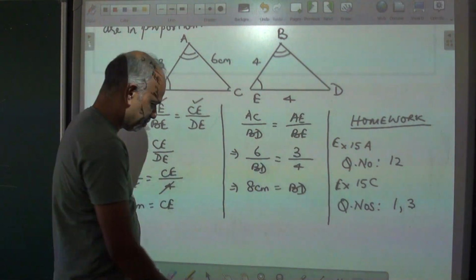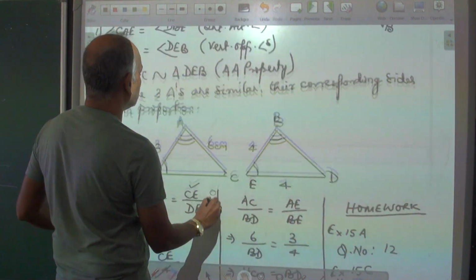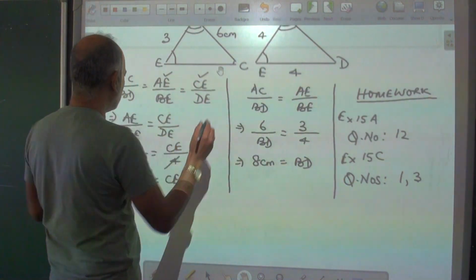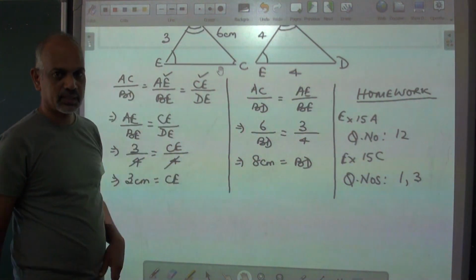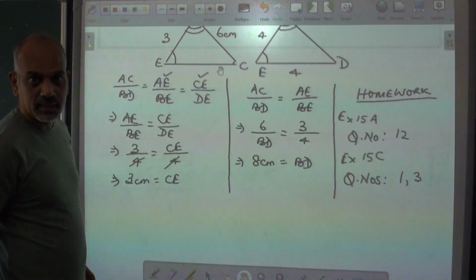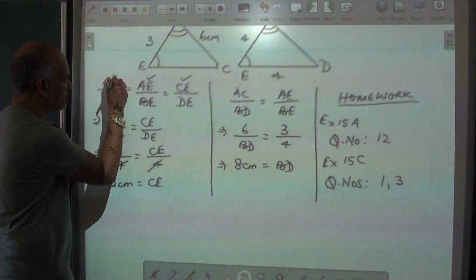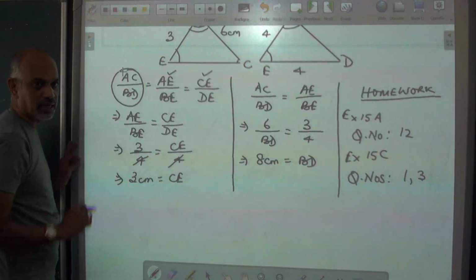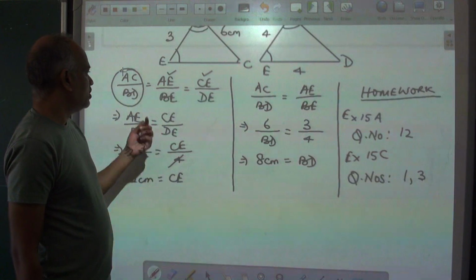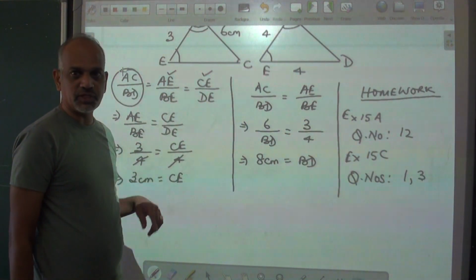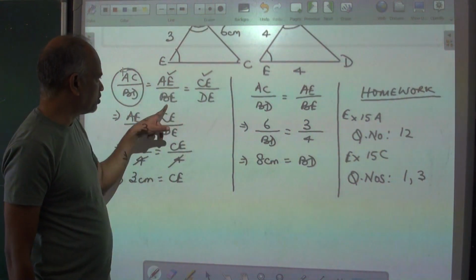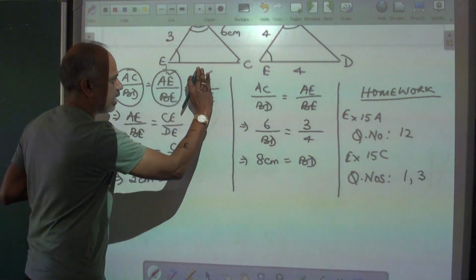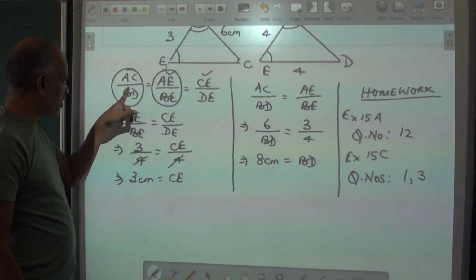That's the first part. The second part is you have to find BD. Let's go to this proportionality again. You have to find BD, and BD is present in this ratio. You have to use one of these, whichever is known. So this one is known, which is what we used previously also. I'm leaving out this. So equate these two.